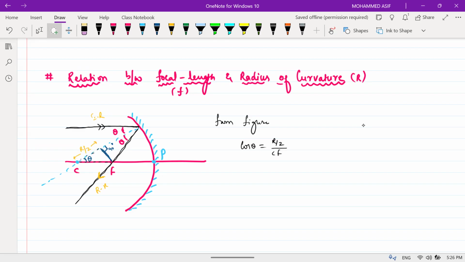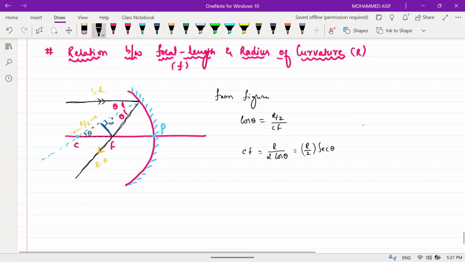So cos theta is equal to this much. Am I clear? Then CF will be equal to R by 2 into 1 by cos theta. 1 by cos theta is how much? Secant theta. So CF is R by 2 into sec theta.